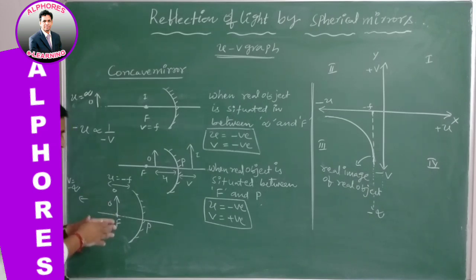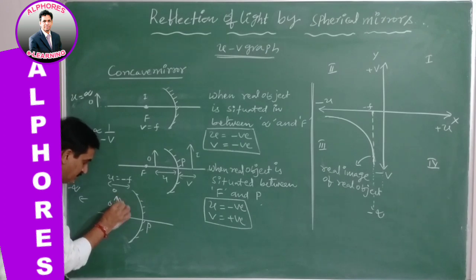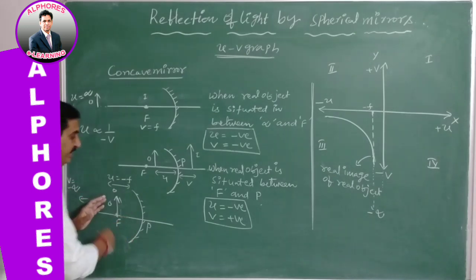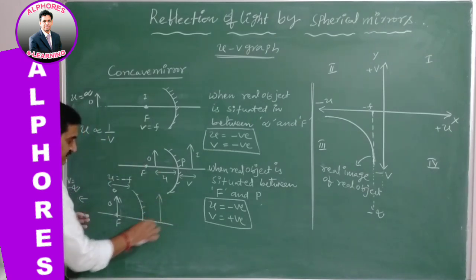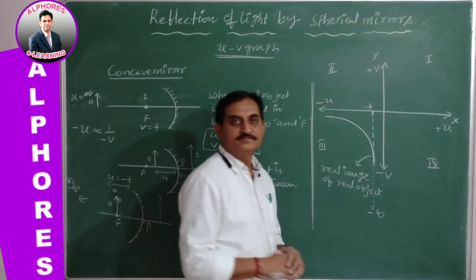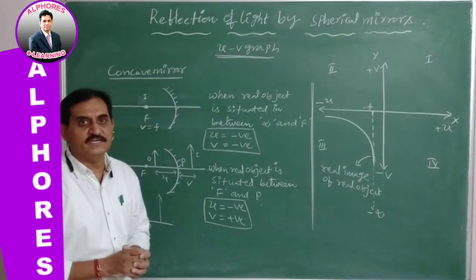What exactly is happening there? Whenever the object is at the focus point, the image is formed at infinity. If you slightly move the object inside, towards the mirror, its corresponding image is not at infinity, but suddenly and abruptly forms behind the concave mirror as a virtual image. Therefore it gives a discontinuous graph. Discontinuous.